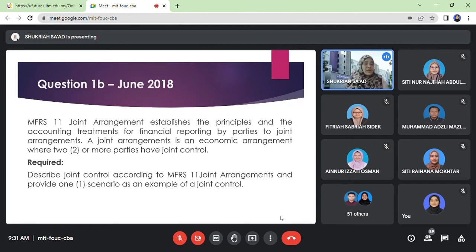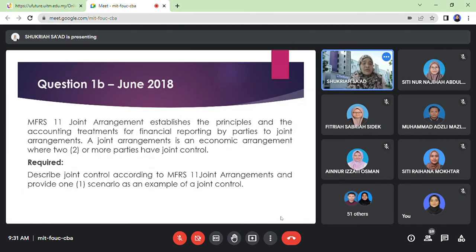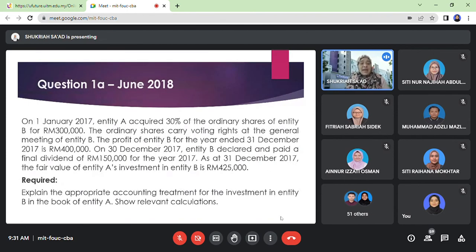June 2018, for June itself, they have 2 questions, A and B. We're talking about joint arrangement and also joint venture.